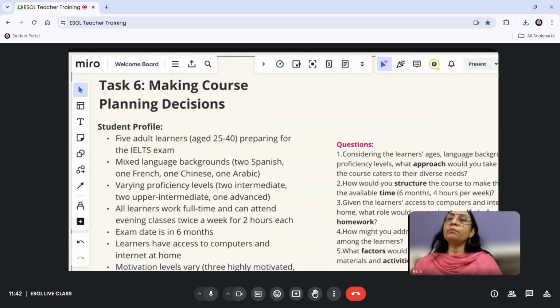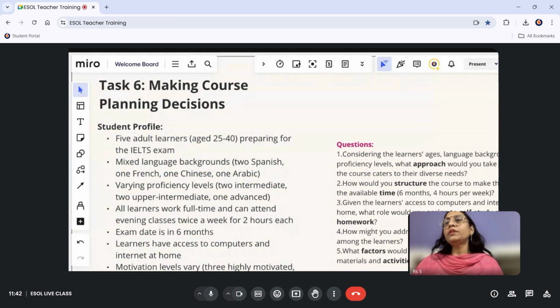So the first question is, considering students' age, language, background, and proficiency level, what approach do we take? So here, the age group which I have is 25 to 40, and the background is also totally different. They are from different countries such as Spain, France, China, Europe. And their level is also different.